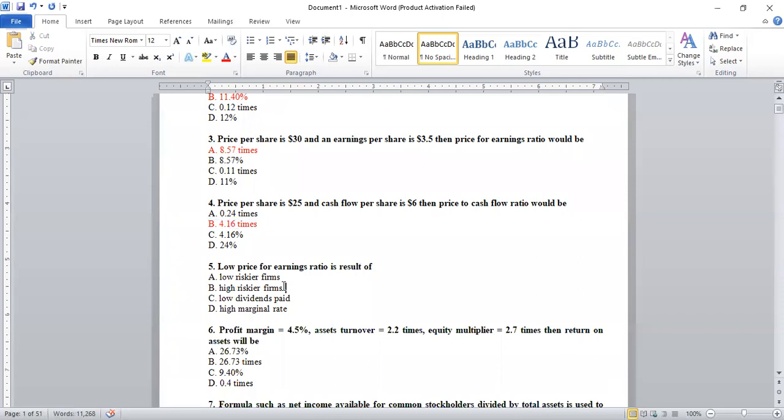The next question: a low price earnings ratio is the result of a riskier firm.